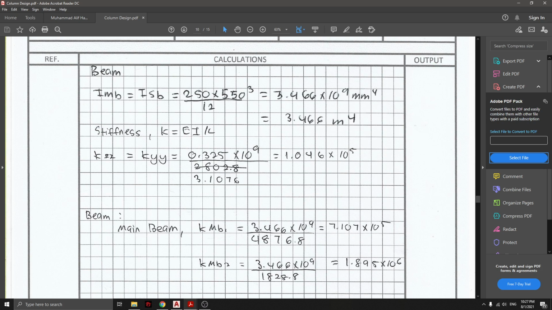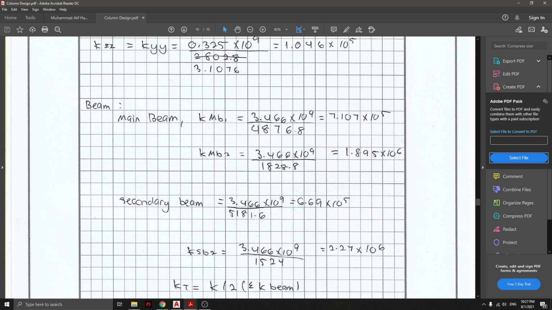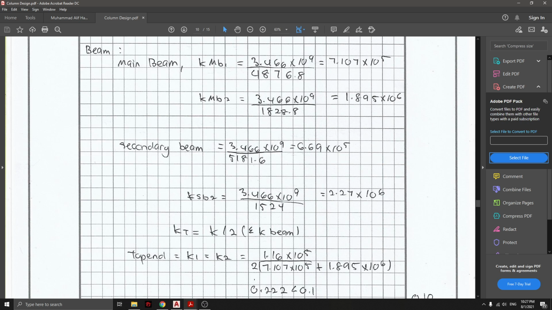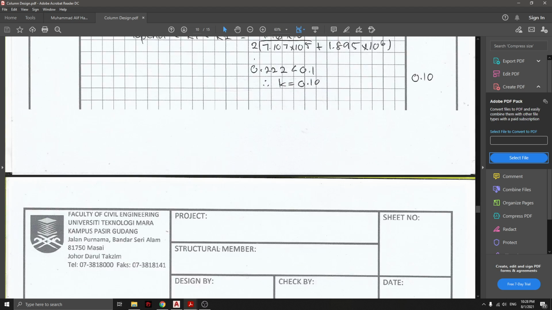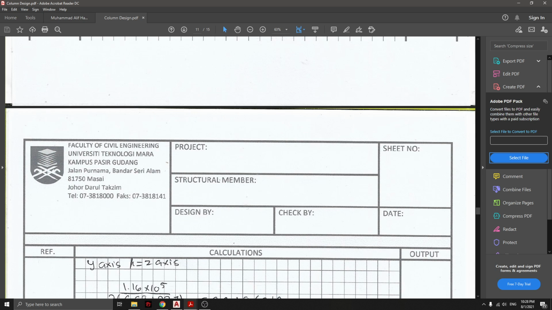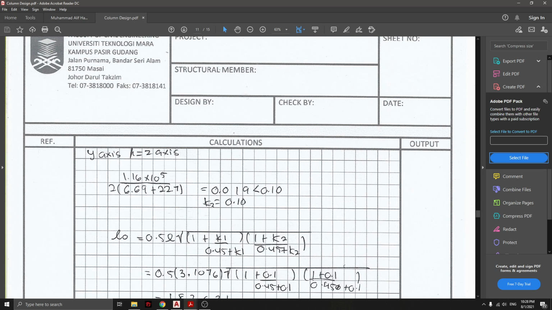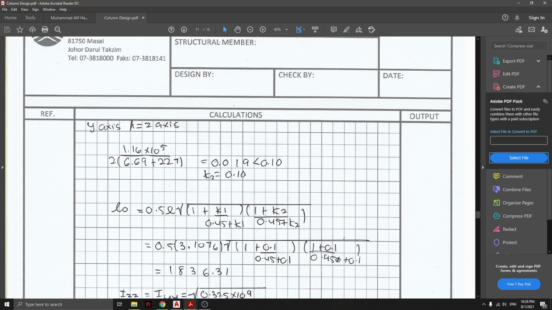I got 1.046 times 10 power 5. Beam, main beam. So and then we go to y axis equal to z axis.